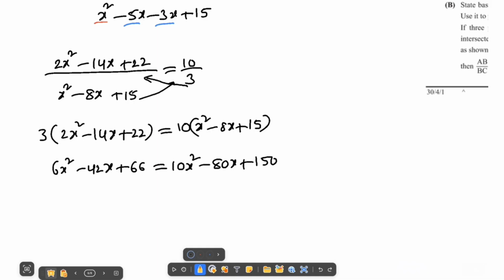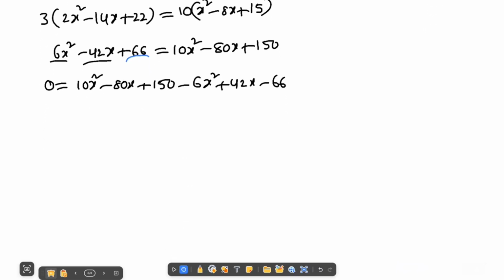So do one thing, send all the left side things to the right side. We will have only 0 on the left side. Now we will have 10x square minus 80x plus 150. Now send 6x square to the right side, it becomes minus 6x square, minus 42x will become plus 42x, and plus 66 will become minus 66.